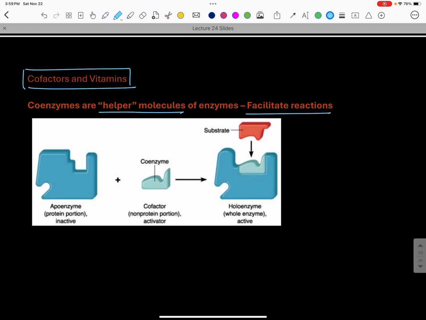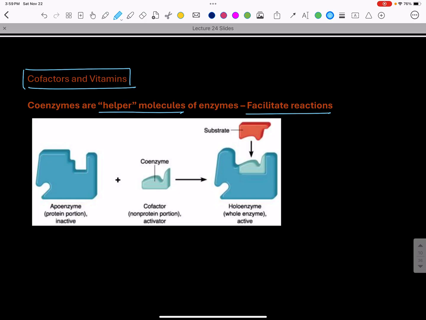They can accept the electrons or they can donate the electrons so that the redox reactions can happen. The enzyme itself doesn't use its own electrons. It will use these molecules from the cofactors or coenzymes, and those molecules can donate or accept electrons, thereby helping in the redox process.